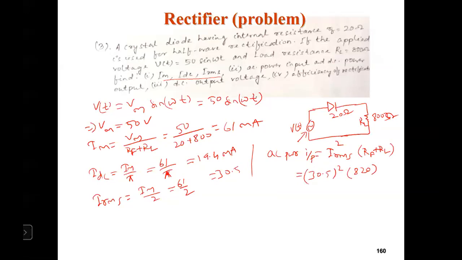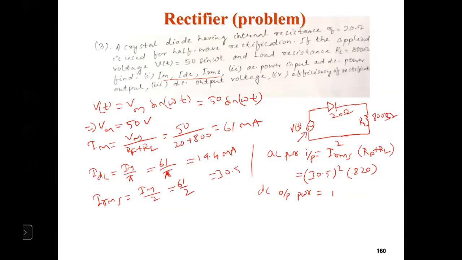Then your DC output power. This DC output power will be equal to how much? IDC square into RL. See, it is DC output power. That means you are taking the DC across this output load resistor. That's why you are not considering this RF.